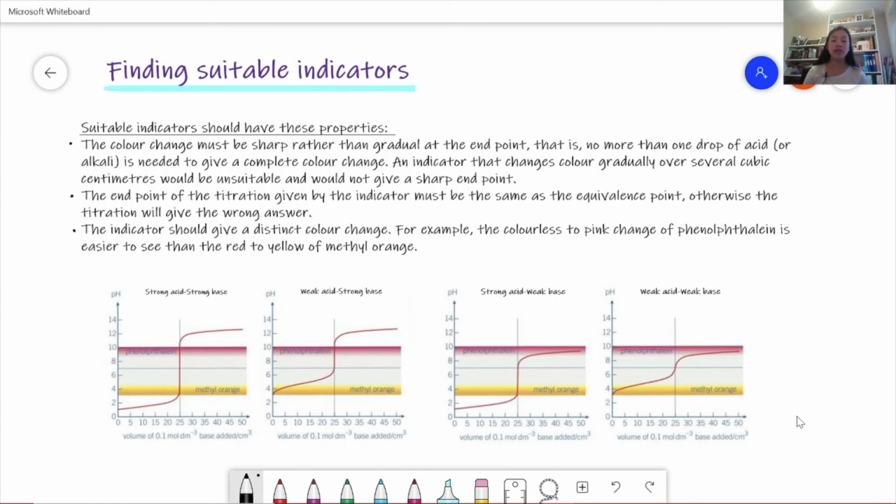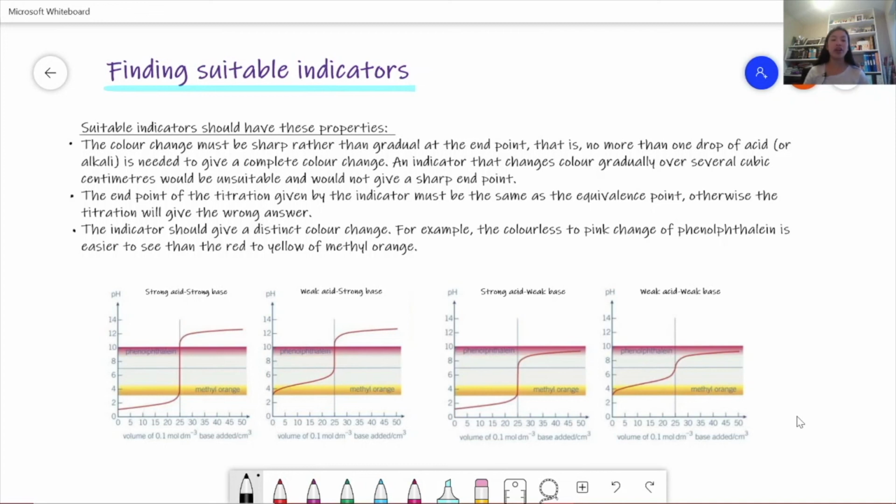For the third curve, between the strong acid and the weak base, the opposite is happening. So methyl orange is more suitable because it changes color at the right point when compared to phenolphthalein, which changes color at a pH which is too high. And so when it actually becomes neutral, phenolphthalein won't change color until it's more alkali.